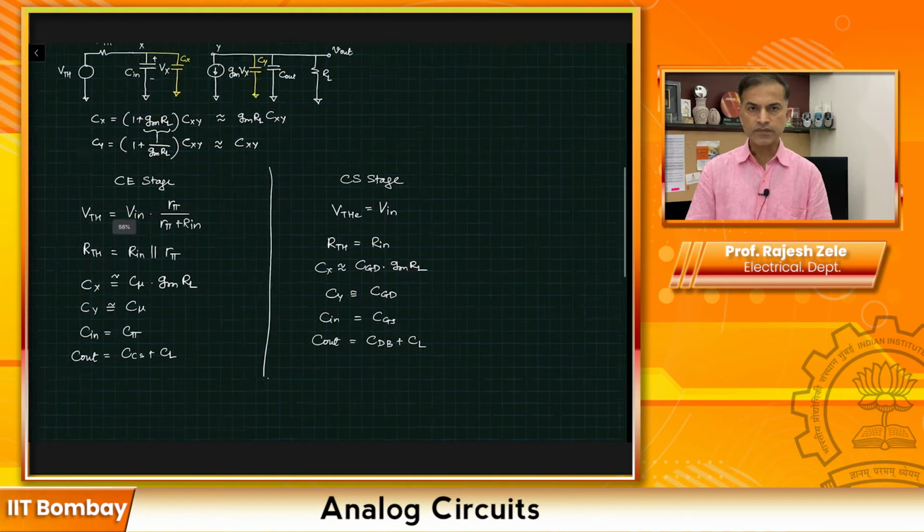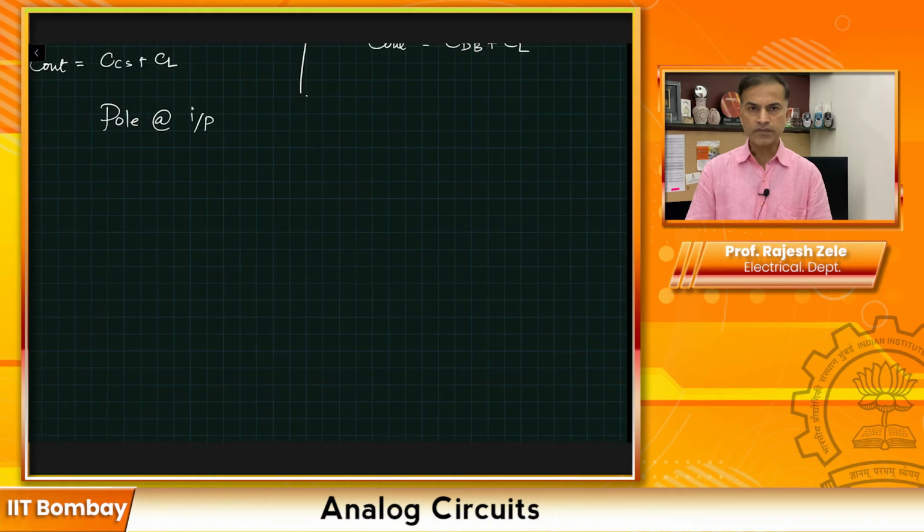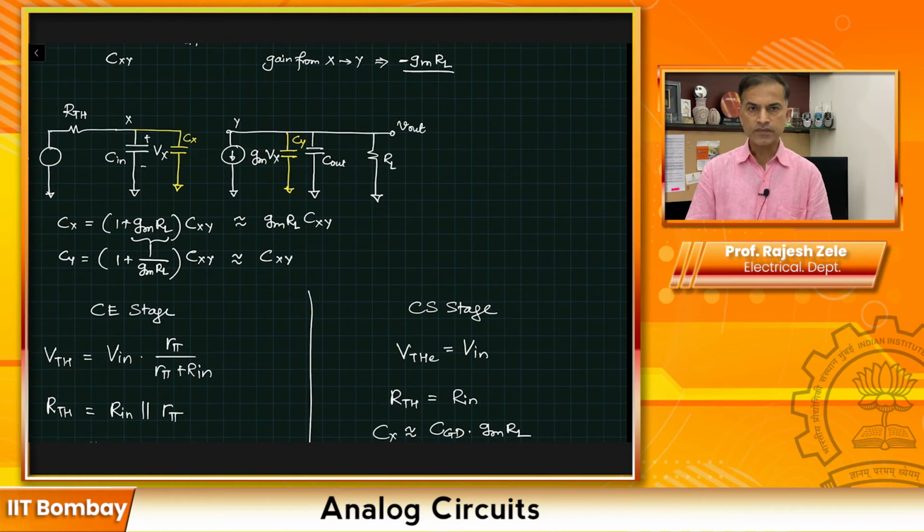The pole at the input, which is node X, will be omega P input, equal to the reciprocal of RTH. You can see here, this is the only resistance that you will see from node X to ground, and you will see the total capacitance, this one.